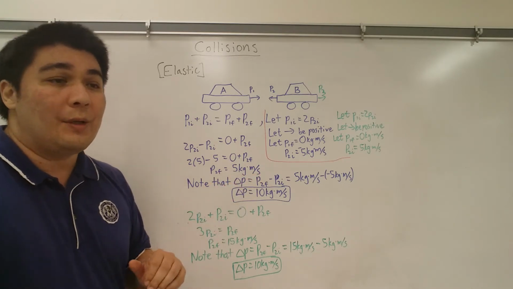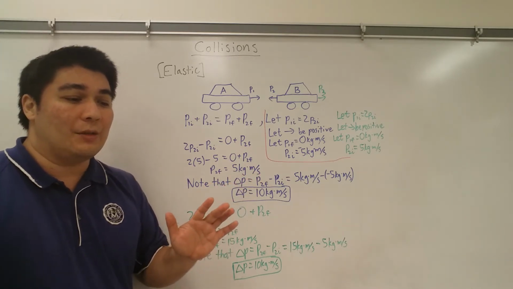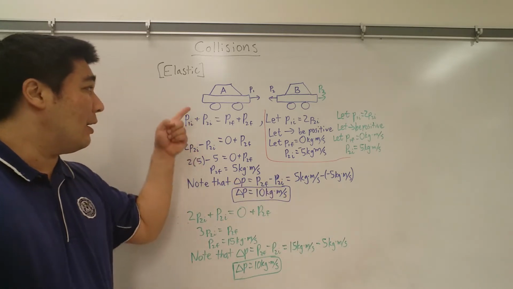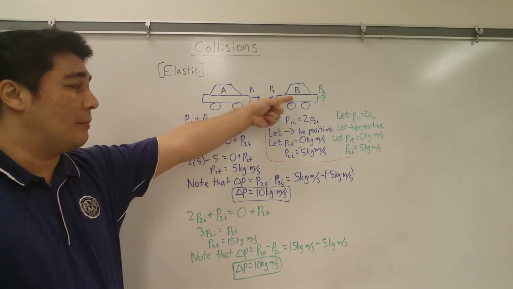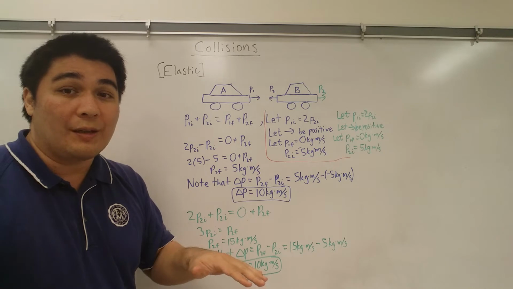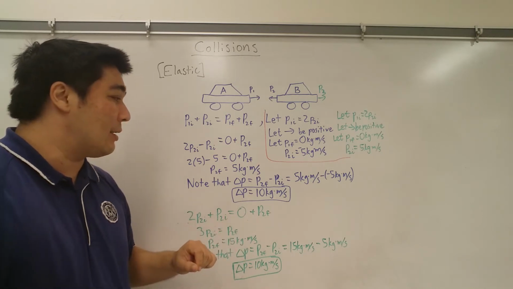So now the whole reason why I did this was to show what is the change in momentum. Because if this car was going to hit car B and car B was not moving, that would actually change this completely.